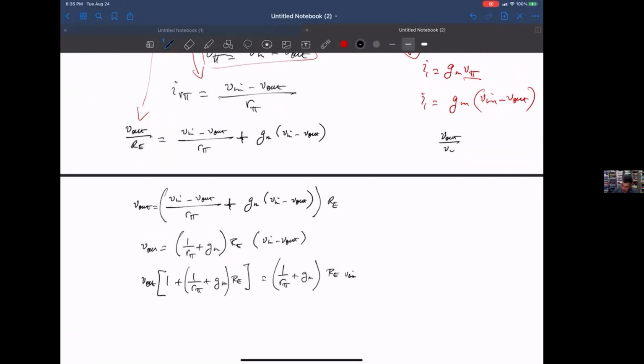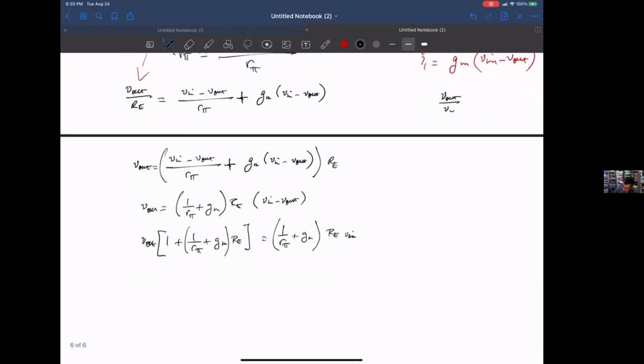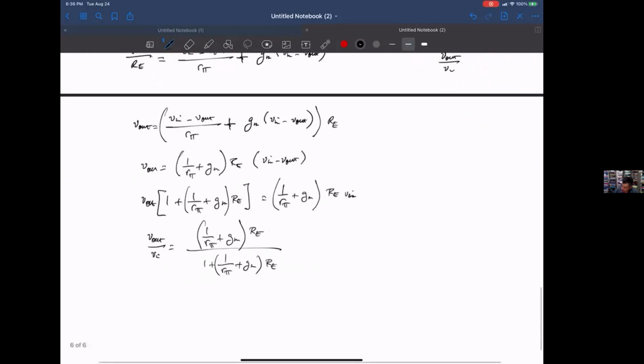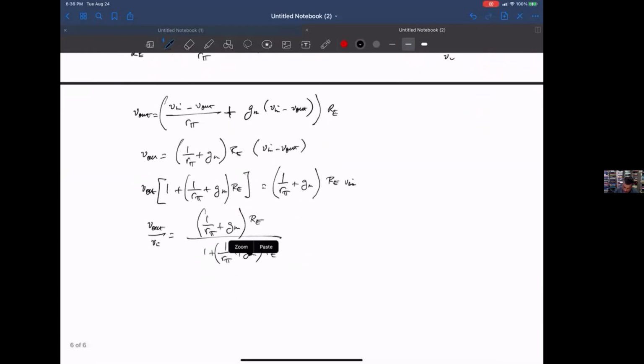And again, I'll go through each step I did, but it's probably boring for you guys. Let's see, 1 over r sub pi plus g sub m, over 1 over r sub e plus 1 over r sub pi plus g sub m.